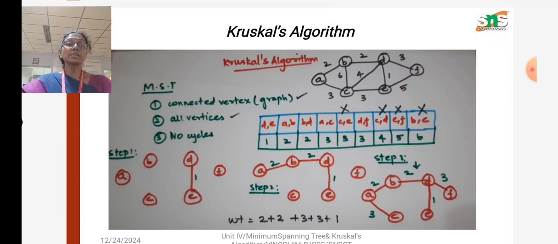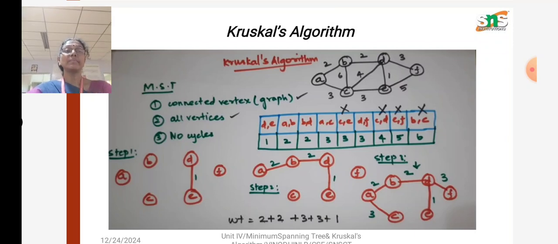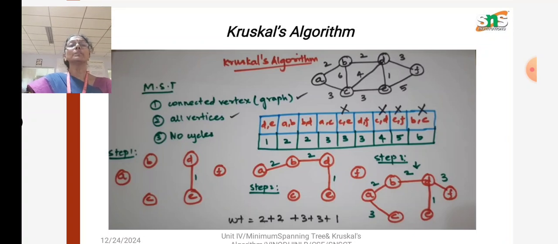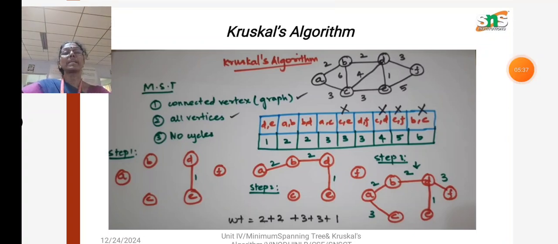In Kruskal's algorithm, sort all the edges from low to high and add the edges from low to high value. If adding an edge creates any cycle, reject the edge, otherwise continue the process until we have visited all the vertices. I hope you understand the Kruskal algorithm to find the minimum spanning tree of the given graph.